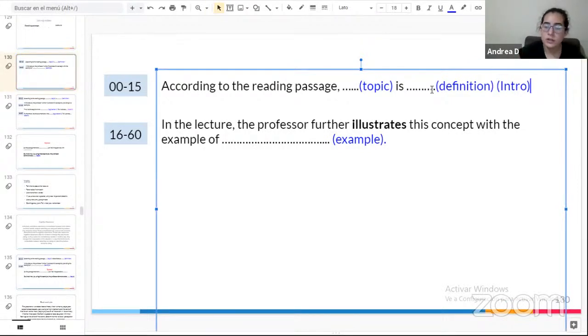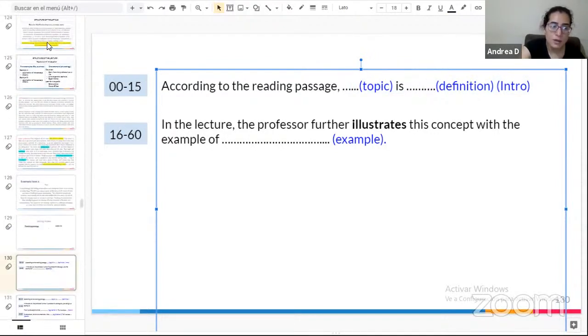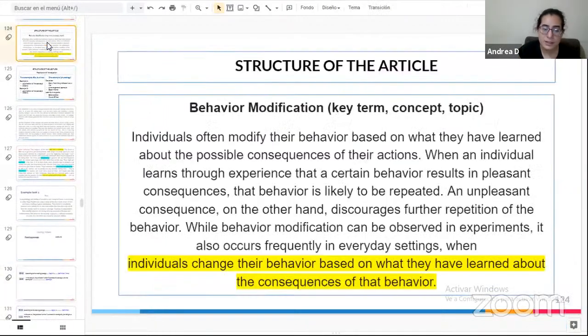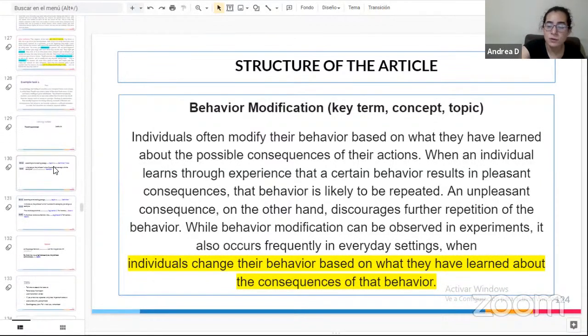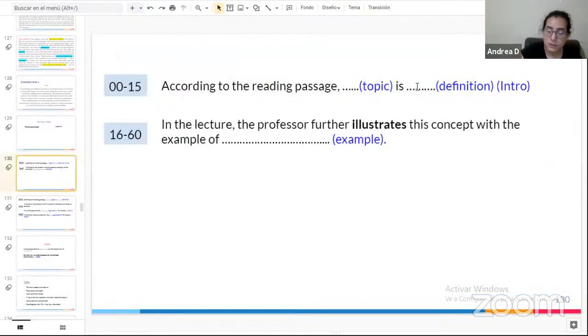And in the introduction, you're gonna define the topic. So you're gonna mention what the topic is and its definition, what you have found in the reading. So according to the reading passage, behavior modification is when people change their behavior based on its consequences. Okay, that's it. Something short, 15 seconds, I would say, is the ideal time that you should spend there.